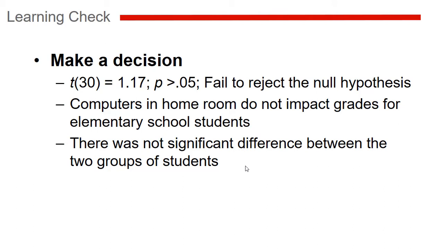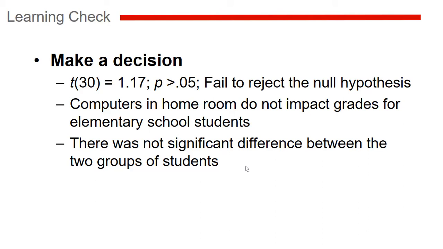Now, how do I know that it's greater than 0.05? 0.05 is our alpha level. That is the critical region that we set up. If our statistic does not fall within those critical areas, we say that our p-value is greater than 0.05. The probability is greater than 0.05 that we would find our t-statistic if the null hypothesis is true. So in this case, we failed to reject the null hypothesis.